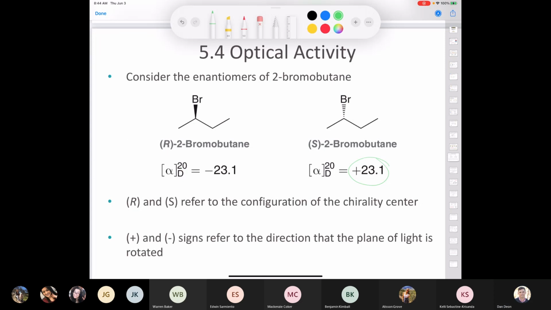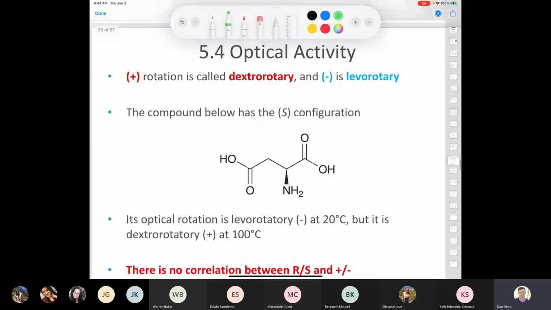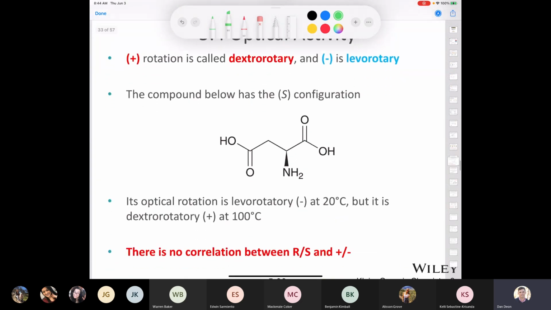So R and S refer to the configuration at the chirality center. And positive and negative refer to the direction that the plane polarized light is rotated. When it rotates it in the positive direction, we call that dextrorotatory. That's clockwise.